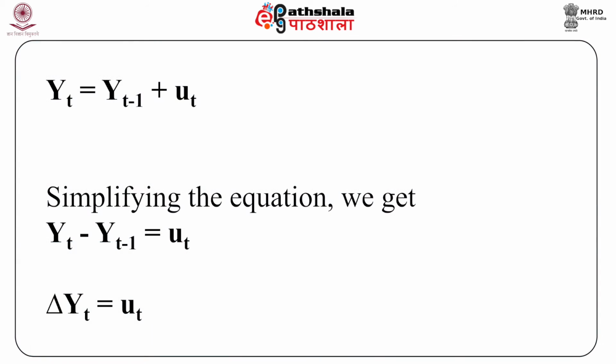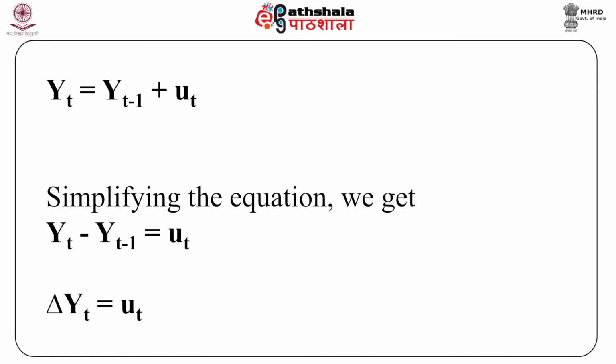Let's estimate it using the following procedure. We take a variable y and observe its values over the period of time. The model will be represented as, again, yt is equal to yt minus 1 plus ut, where y is again the variable taken into consideration, t is the length of the time period, and ut is the error term as usual.